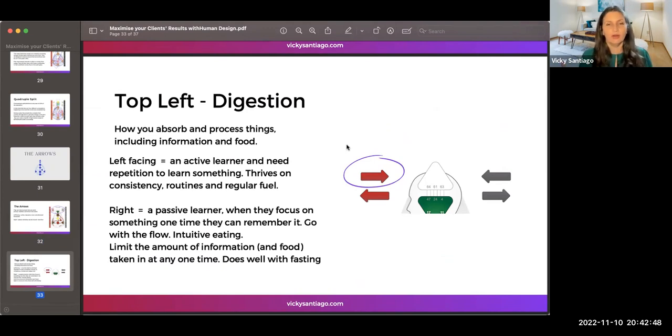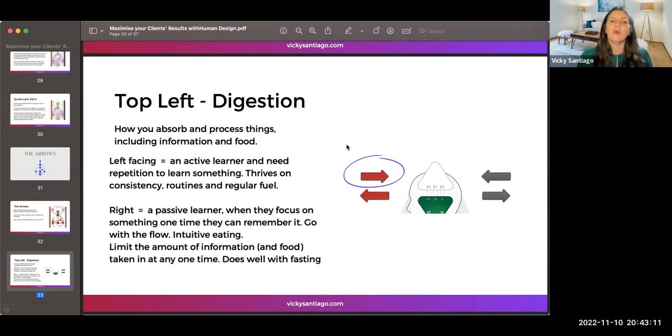So in an obvious setting, this is helpful to know if you're helping teenagers with exam prep, for example. But also, if you're wanting your clients to learn something, to do tasks, bring on a new habit, if they've got a left arrow, you want to get them doing that repetition of that habit every single day.